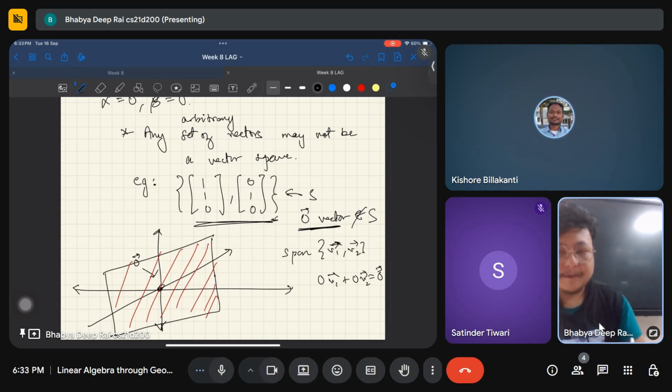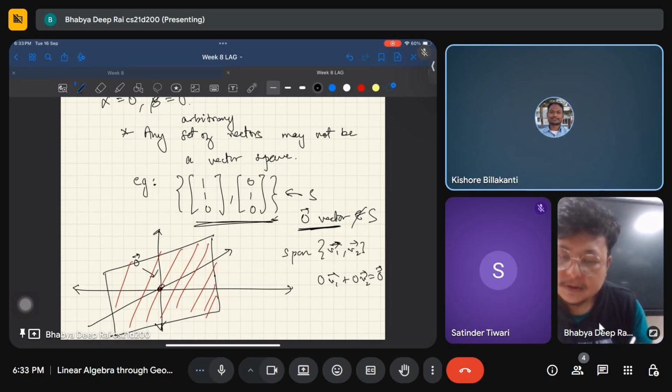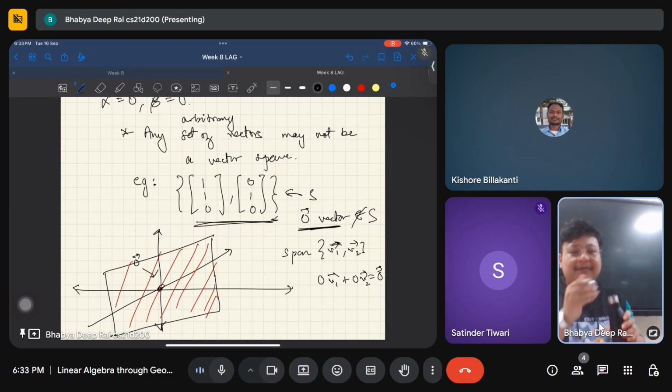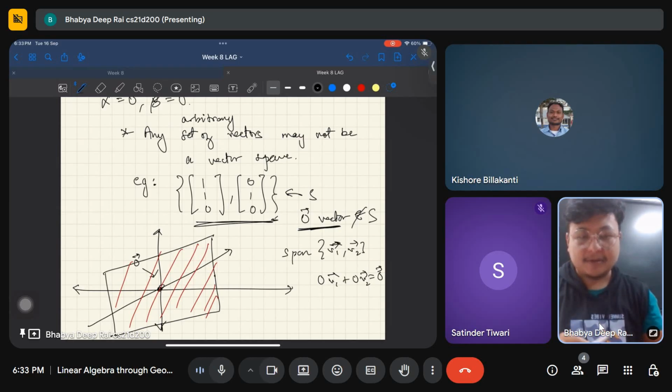Is that clear? When we say it has to pass through the origin, do we mean each and every vector in the vector space? No, sorry, not each and every vector.